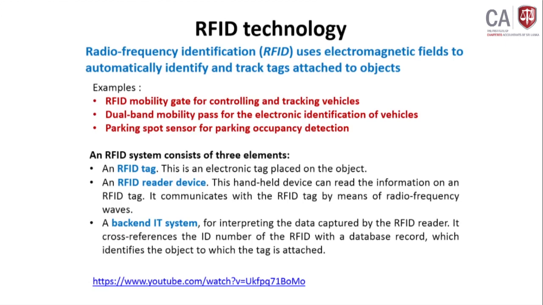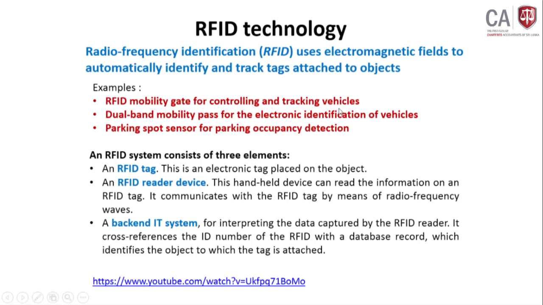So, likewise, it has a radio frequency. Using that, the reader will retrieve the data which is available in the RFID card. So, that is the technology using RFID. As an example, an RFID mobility gate for controlling and tracking vehicles.